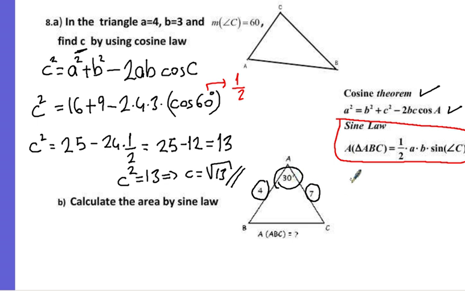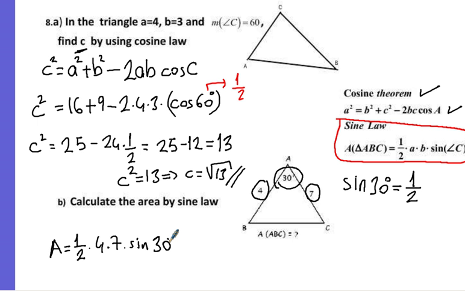Only we should remember sine 30. What is sine 30? Yes, it's equal to cosine 60. You remember 60 plus 30 is 90. So the cofunctions are equal to each other. Sine 30 is 1 over 2. Let's write the area here. So area is 1 over 2 times 4 times 7 times sine of 30.